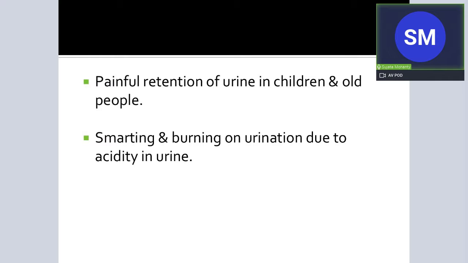And in old people, it is due to great distension of the bladder with fullness, as if it was extremely full. Then there is smarting and burning on urination. This is due to the urine becoming acidic. So smarting and burning on urination due to acidity in urine.